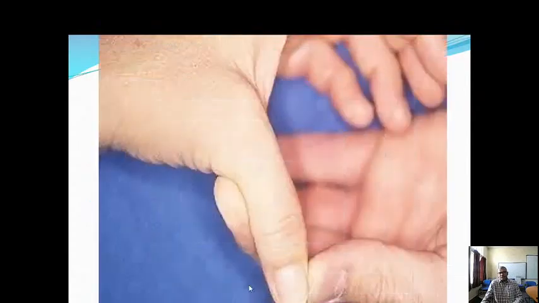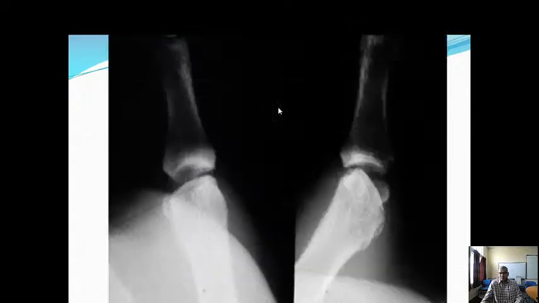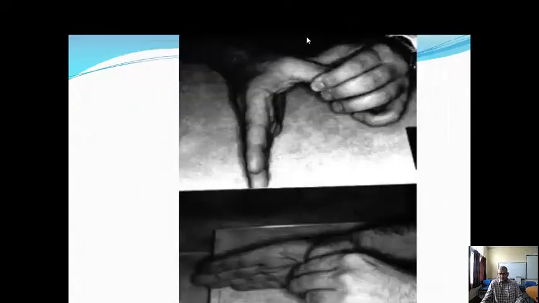Okay. So the valgus stress view is taken like this, you can see here, we are giving a valgus stress at the metacarpophalangeal joint and taking an X-ray to see if there is any opening of the metacarpophalangeal joint. Here you can see this is a valgus stress test view. The position of the limb on the X-ray cassette is like this.